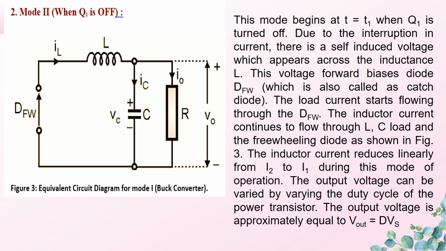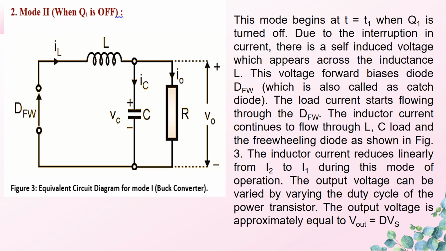Now let's consider mode 2, when the transistor Q1 is in off condition. This mode begins at time t is equal to T1. When the transistor Q1 is turned off, due to the interruption in current, there is a self-induced voltage which appears across the inductance L. This voltage forward biases the diode DFW and the load current starts flowing through the freewheeling diode DFW.